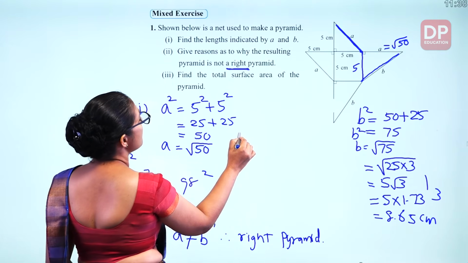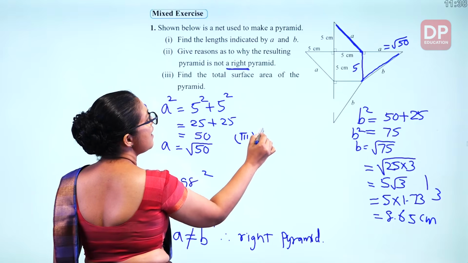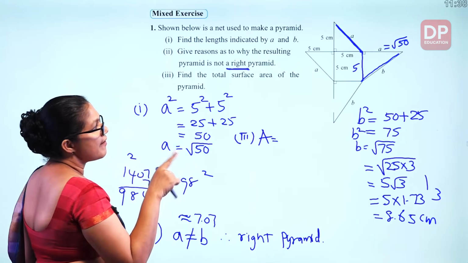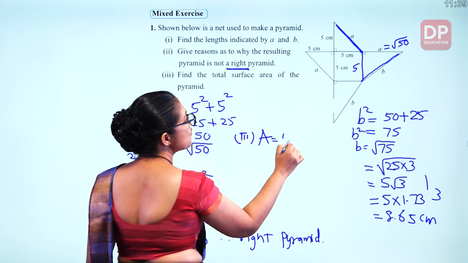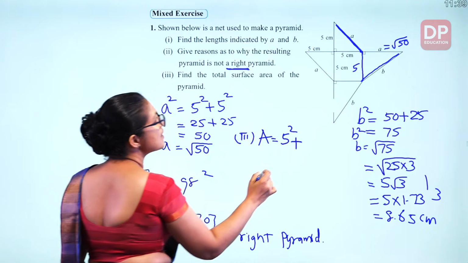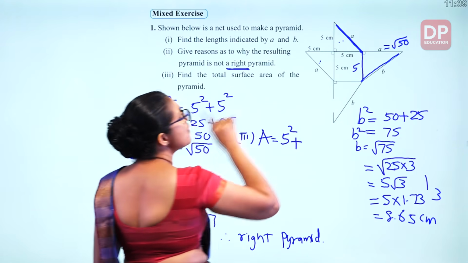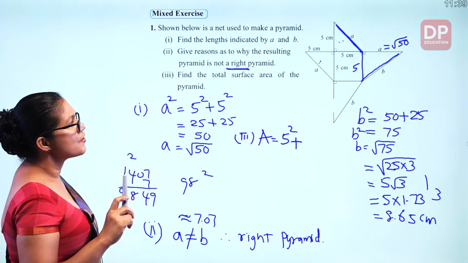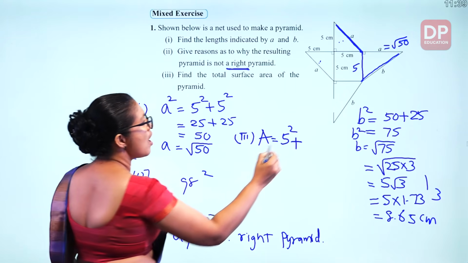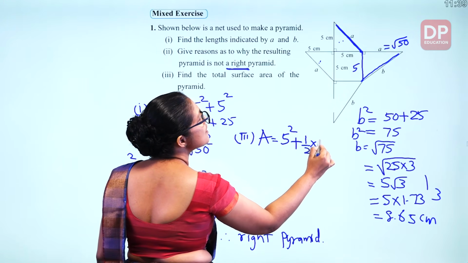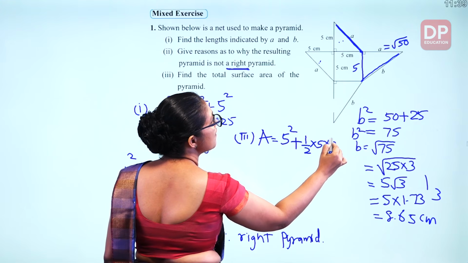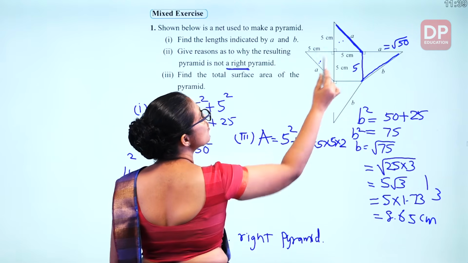And try the total surface area is area of the base, that's 5 times 5 plus this one and this one same. So we'll first find the area of one triangle and multiply by 2. Half times base is 5, height is 5, and then multiply by 2.